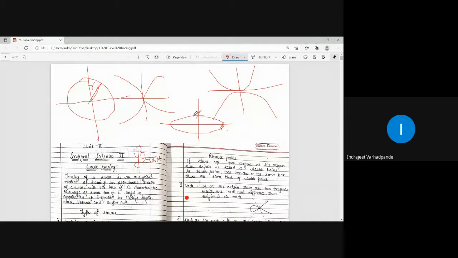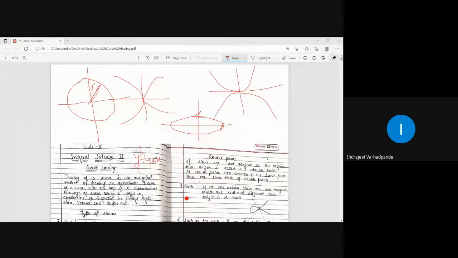This is what you have learnt in conic sections in your 12th standard or junior college level, where these particular curves were mostly discussed and several properties were known. But my job in this unit is that, irrespective of the equation, I should be able to visualize and have the diagrammatic representation of the given curve, and that is what curve tracing actually is.